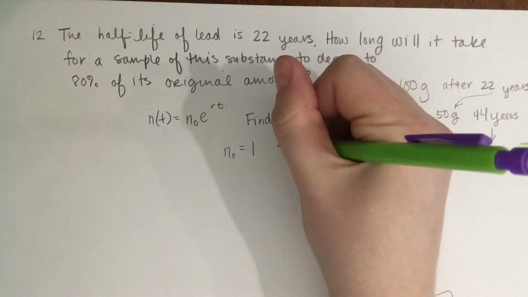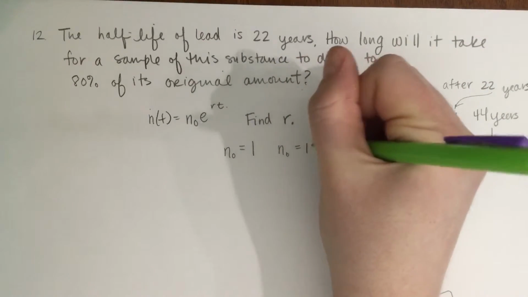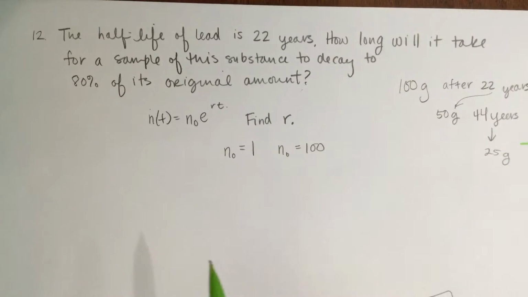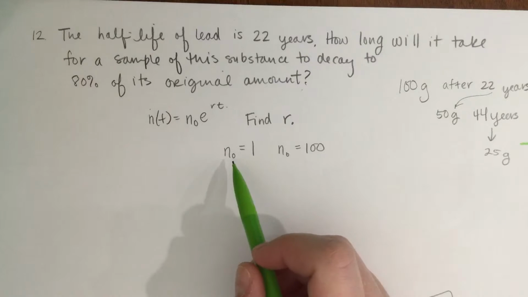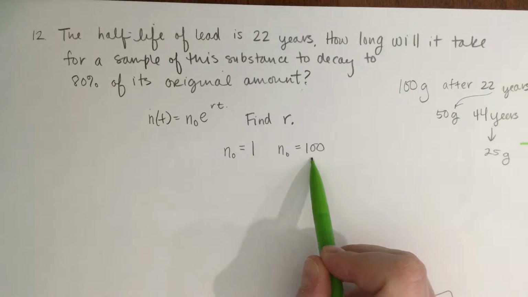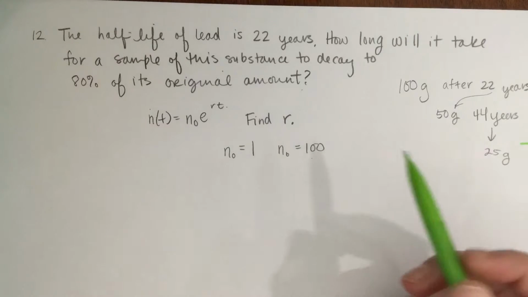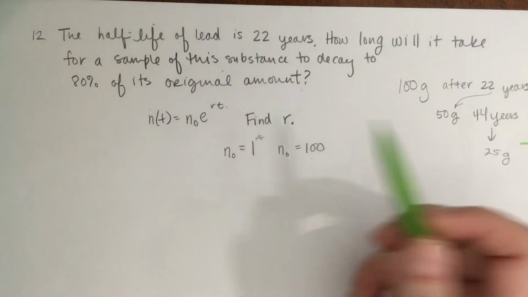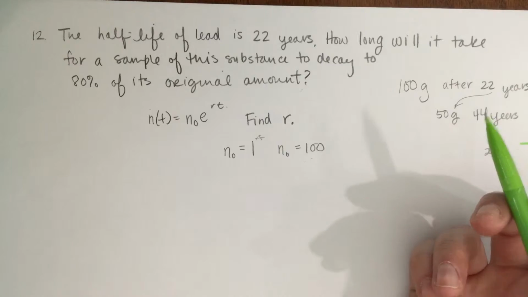And then, for some reason, some of you might want to do N₀ equals 100. And the reason for this is we know that after 22 years, this is going to be half the amount. So it's going to be down to a half, or 0.5. This then would go down to 50.